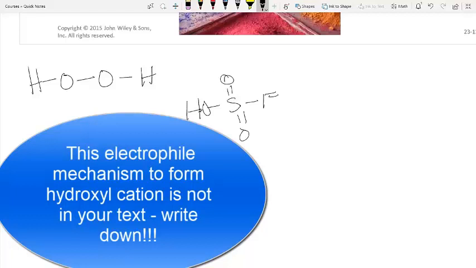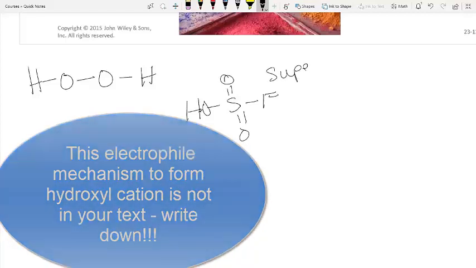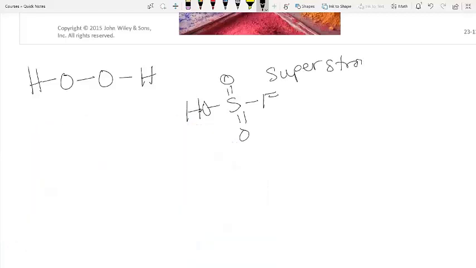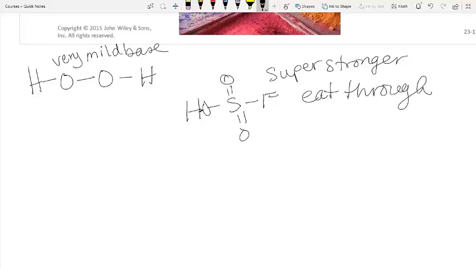And this is a superacid, so it's stronger than sulfuric acid, and strong enough to deprotonate something that is a very, very mild base. The thing is so strong that it can eat through various types of glass, so you have to use very special glassware to do this.